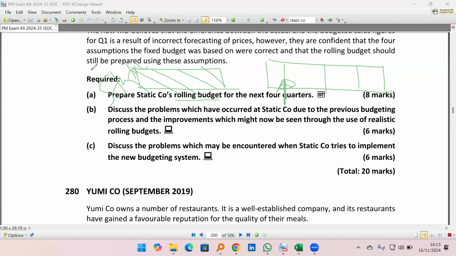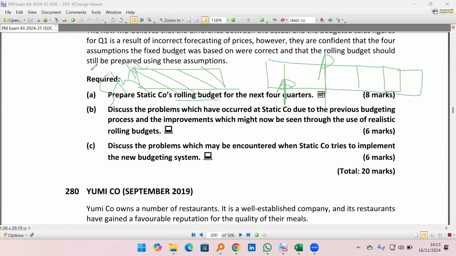Then when you reach the end of the first quarter, you utilize what you have got from it, and then you roll the budget to another quarter, so that at every one point, you are looking at 4 quarters. Then when you finish the second quarter, you roll another quarter. So you go to another 4 quarter period, like that.